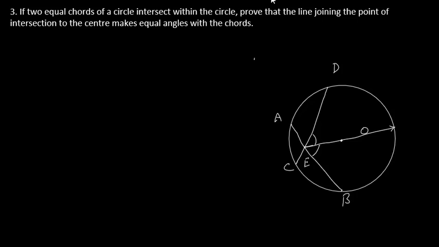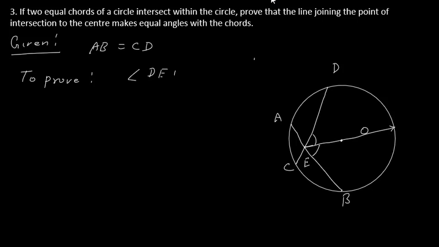So here again I will say that given chord AB is equal to CD, and we have to prove that angle DEO is equal to angle BEO.